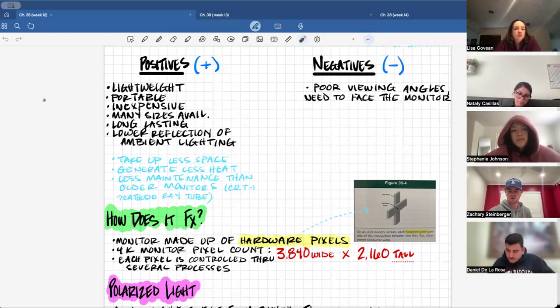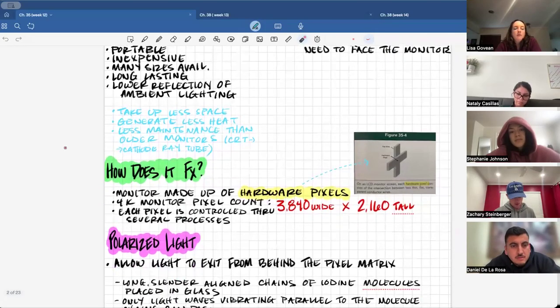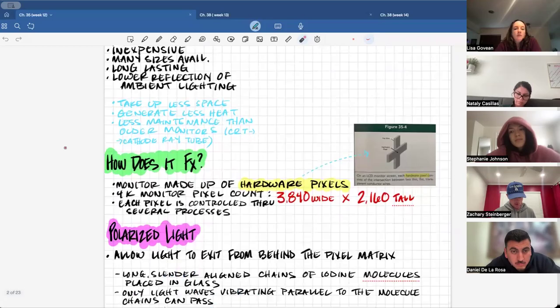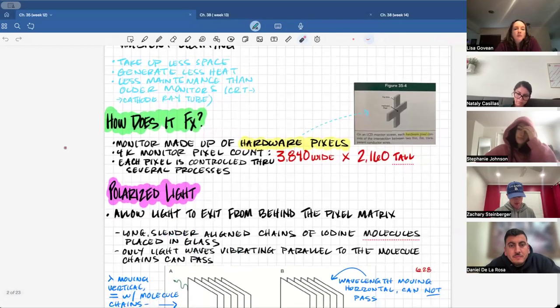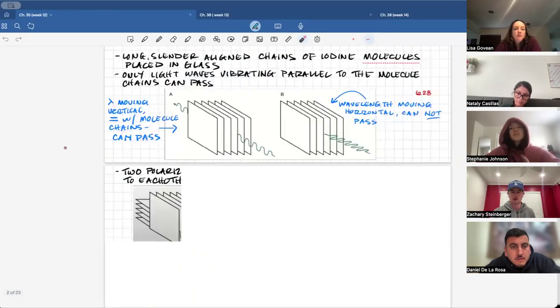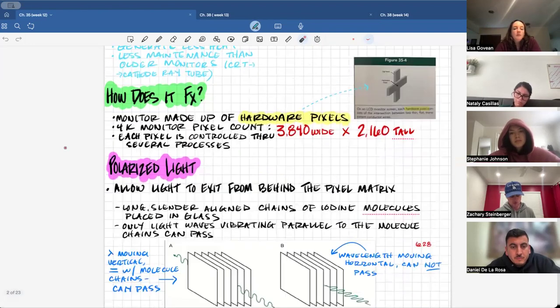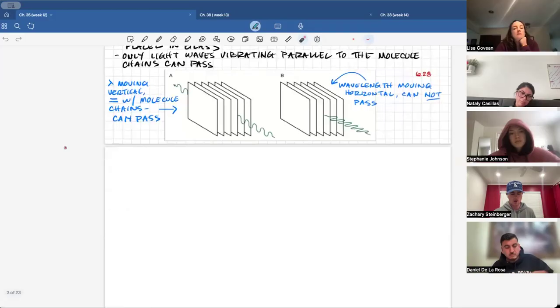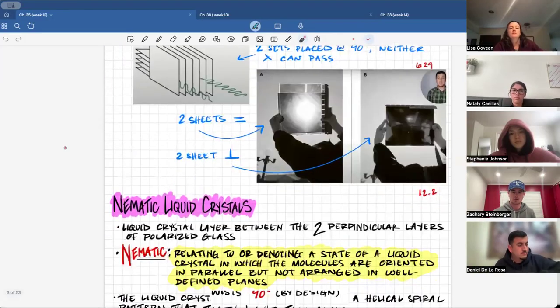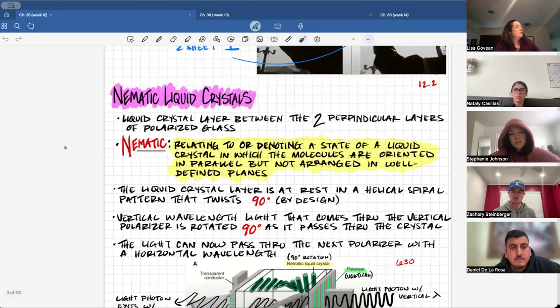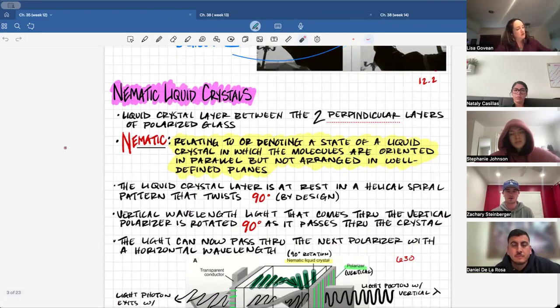Zach, did you have a question on this, or did you want to add something first? Yeah, one comment was on the limited off-angle viewing that you mentioned. That's on table 35-1. I've noticed on some monitors a tech will be pointing something out to me, but I won't be standing right in front of it.